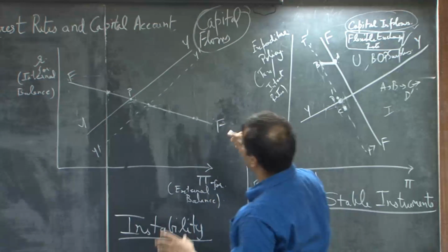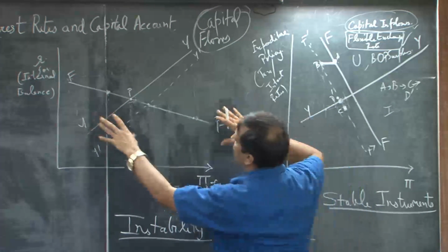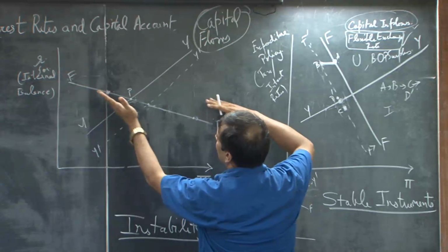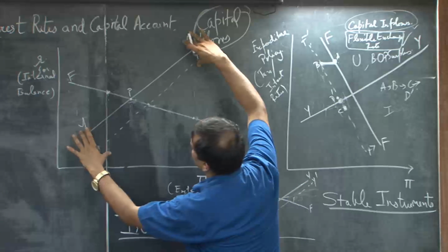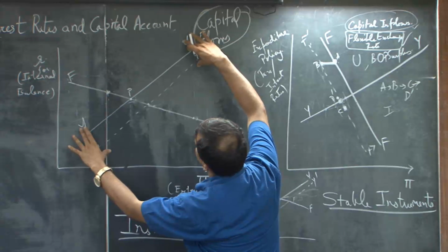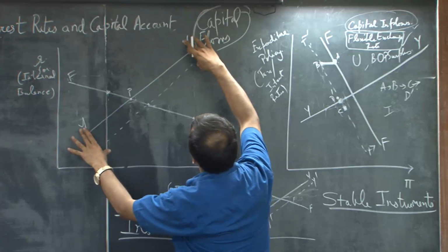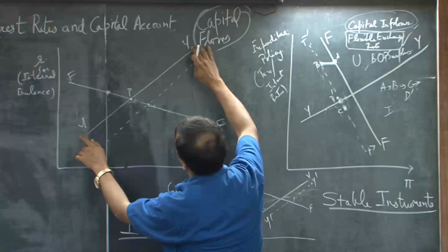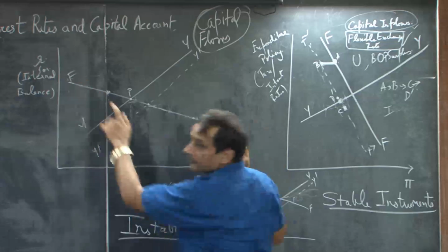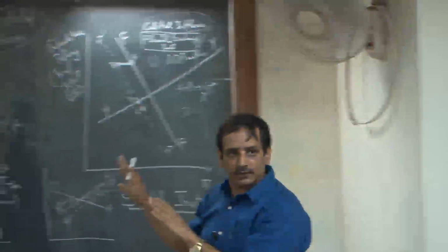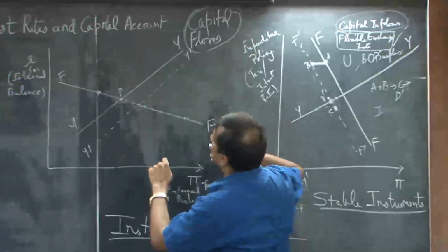Okay, correction. See the FF curve, it's more flatter, but the YY curve is like this, and the slope of the YY curve is greater than the slope of the FF curve. So when we derive the equations, we will see that this happens.